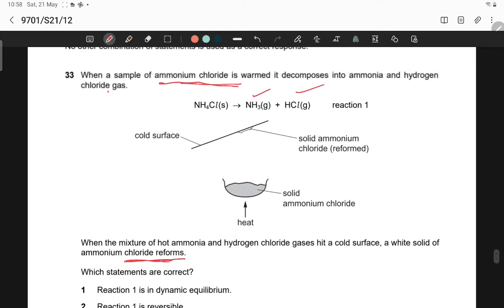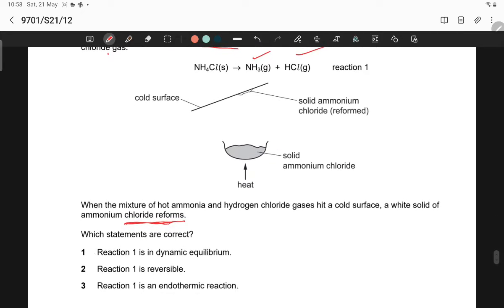Reaction 1 is in dynamic equilibrium. No, it is not dynamic equilibrium because this reaction is carried out in open atmosphere. For a reversible reaction to be in dynamic equilibrium, the reaction should be carried out in a closed container, but it is not carried out in a closed container. So reaction 1 is not in dynamic equilibrium, so this option is incorrect.